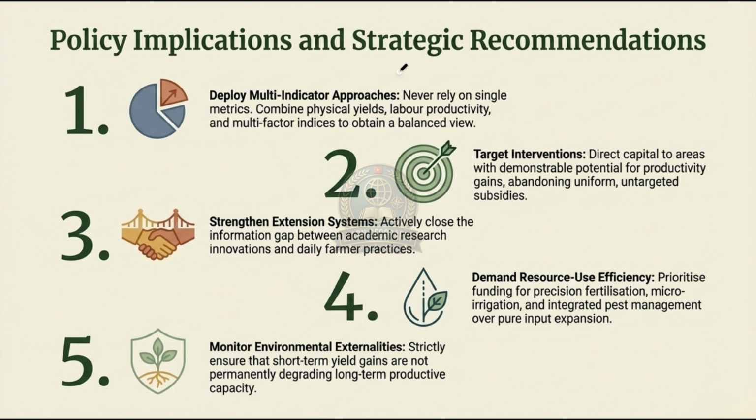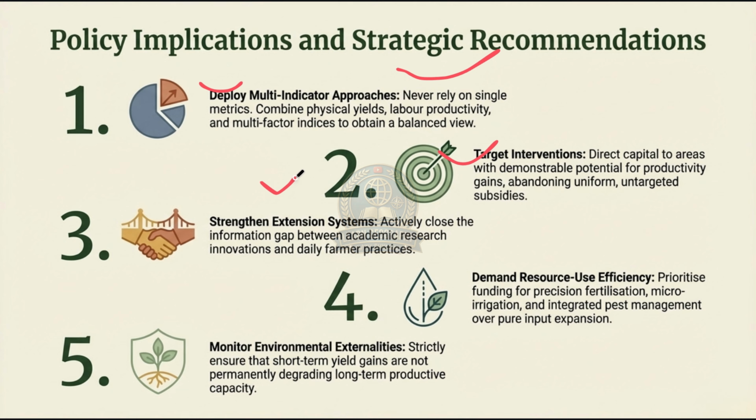Policy implications and strategic recommendations. Deploy multi-indicator approaches, never rely on single metrics. Combine physical yields, labor productivity, and multi-factor indices to obtain a balanced view. Target interventions, direct capital to areas with demonstrable potential for productivity gains, abandoning uniform untargeted subsidies.